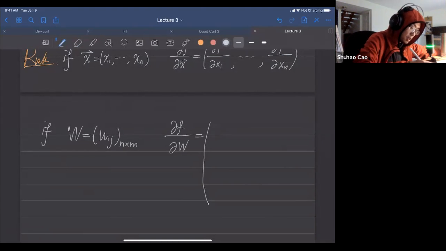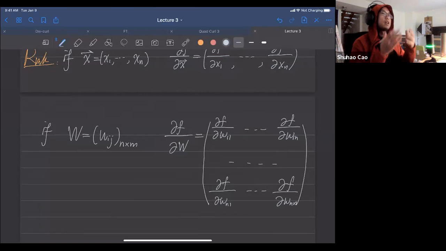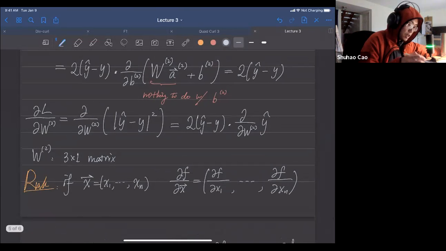So it's partial f with respect to W11 and partial f with respect to W1n, etc. Using this notation can incorporate the derivative of a matrix easily. So now let's continue here, and let me just copy this.